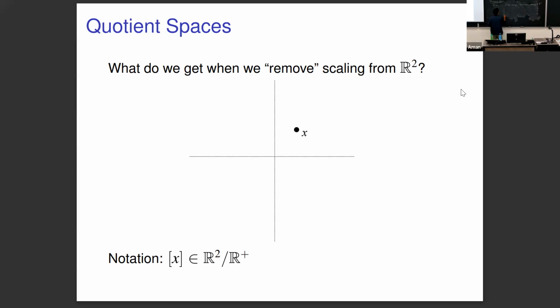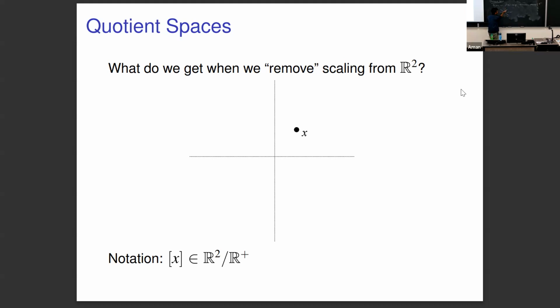In this case, the quotient topology is just defined as straight lines that go through the origin, right? All of these points that you can see are the set that we'll be using for this topology, right?